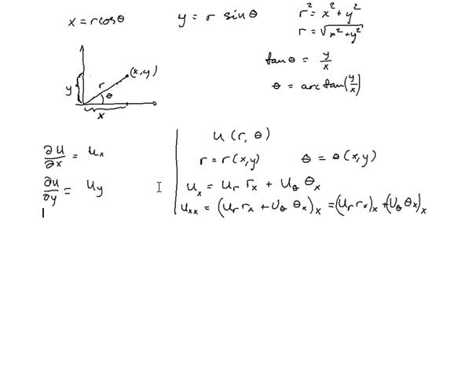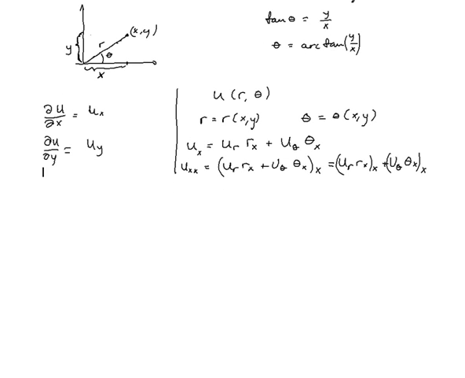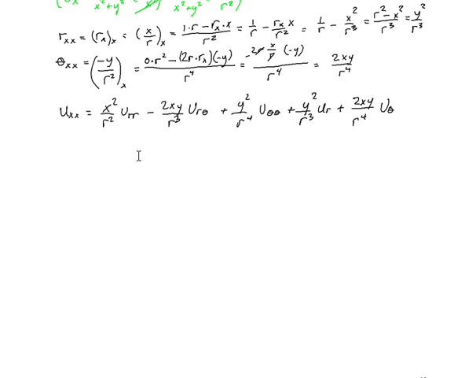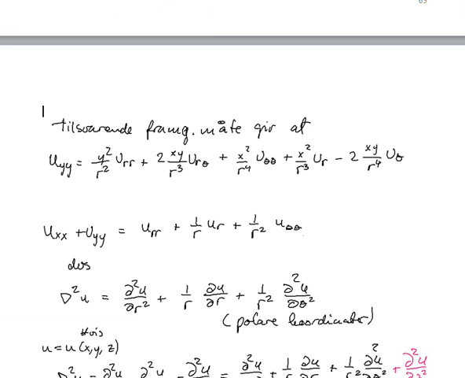So now we understand what u_x means and also u_xx. Okay, so when we have these two expressions for u_xx and u_yy, we just add them to get the Laplacian, and then we get this expression.